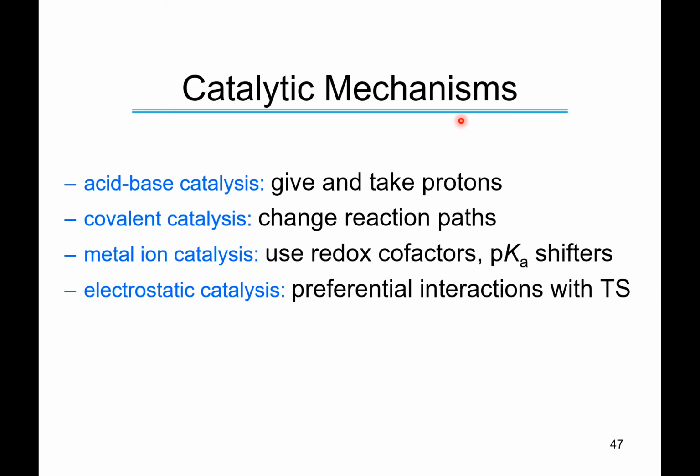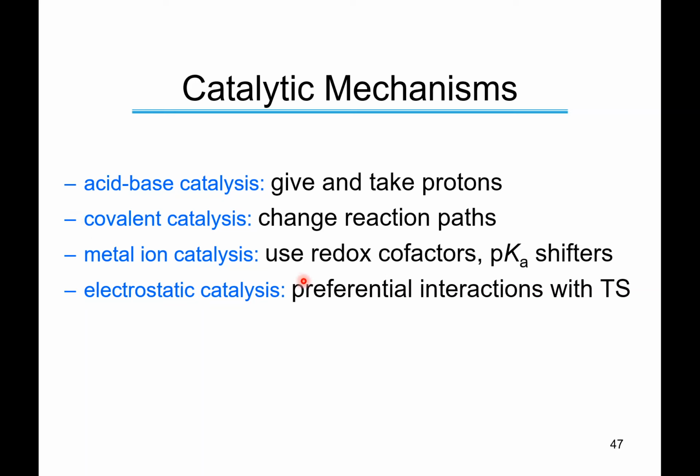Right, so finally, well, I shouldn't say finally, we'll mention a little bit about some catalytic mechanisms of enzymes, and then at the very end we'll talk a little bit about regulation. Right, so there are four main types of catalytic mechanisms in enzymes that we're going to mention. First is acid-base catalysis. This is where enzymes give and take protons. Covalent catalysis is when you change a reaction path with a covalent bond to the enzyme.